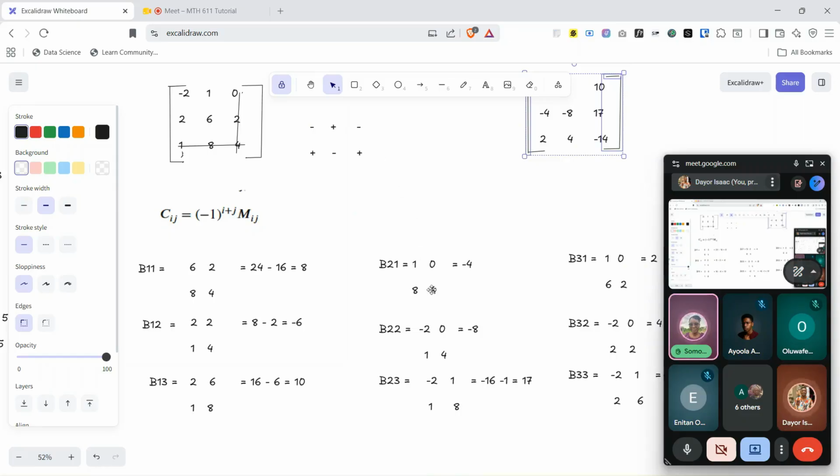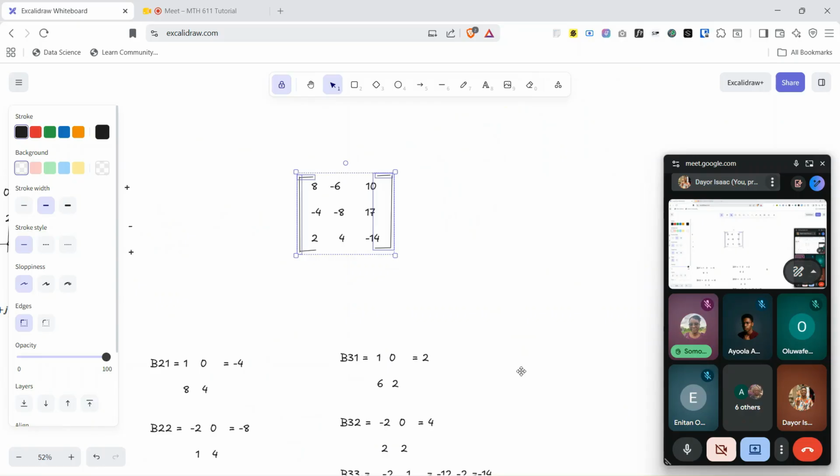Minus times 4, this is 4, but because it's minus plus minus, the second one makes it minus 4. This is minus 8, this is plus, so this gives minus 8. This is minus 17, but because it is minus, minus 17 times minus makes it plus. So make sure you remember that anytime you are doing that so that you don't make a mistake with it.